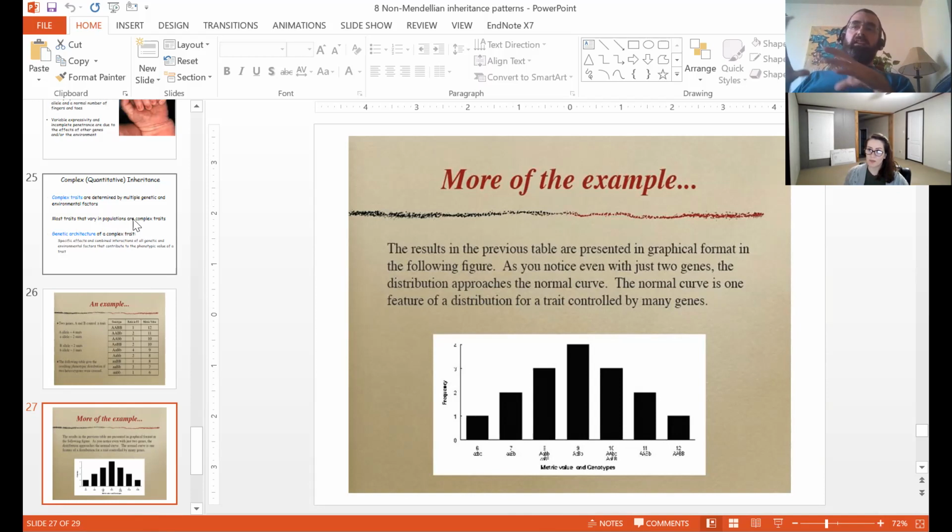So you can take individuals of the same genetic background and put them in different environments, and you'll see a different expression of that phenotype. You can also take individuals of different backgrounds and put them in the same environment, and you'll still see a difference, right? So it's a complex interaction.